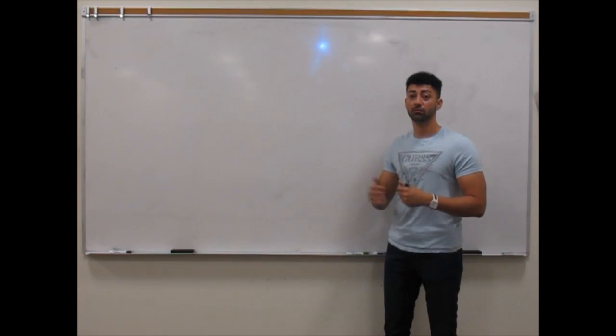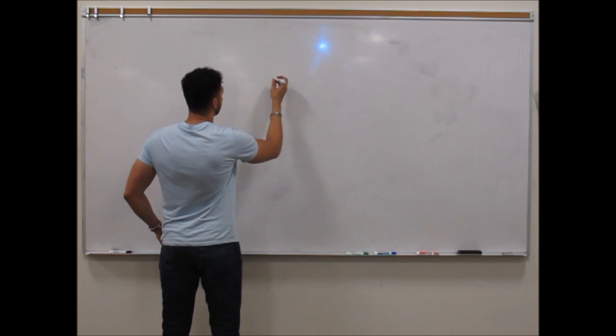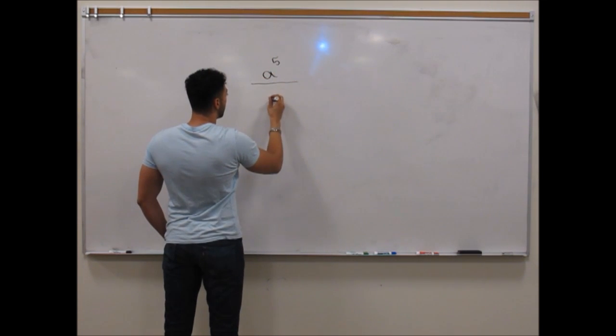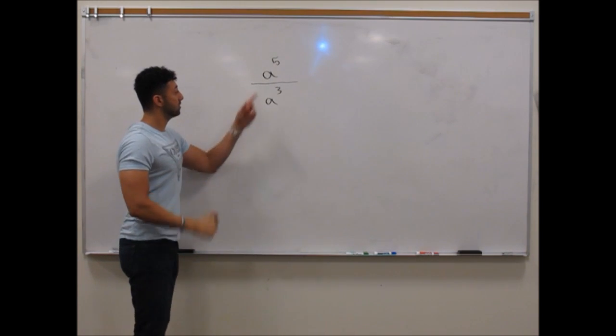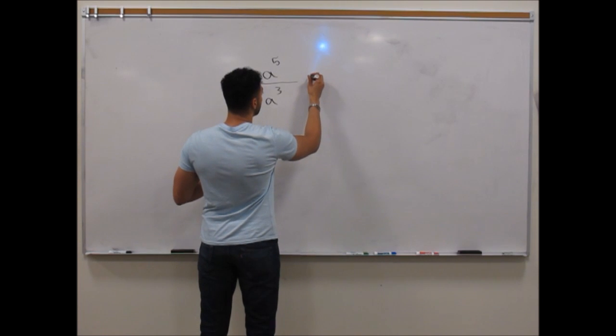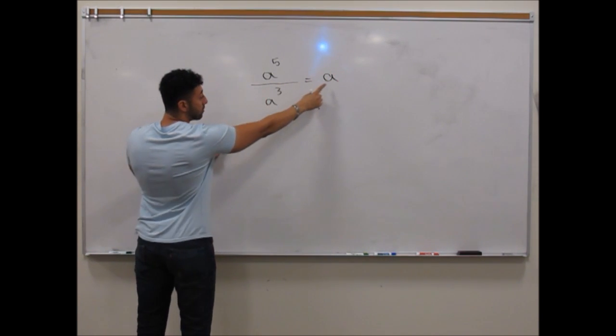Now we're going to move on to dividing with exponents. So let's say we had a to the 5th power divided by a to the 3rd power. So now notice that the division's happening between the same bases. We notice we have the same base, so we're just going to write that once.